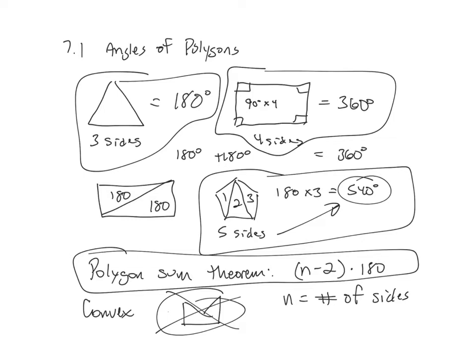And if it's bigger than 12, it just starts to use numbers. 12 is a dodecagon. I don't know what 11 is, but you'll have a 14-gon, which just means it has 14 sides, or a 16-gon, or a 20-gon, or a 30-gon. That's just the number of sides. They don't have names for them.